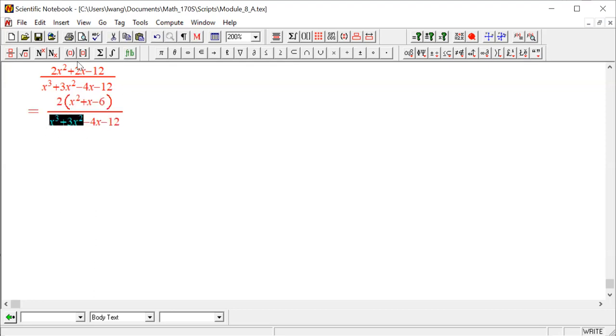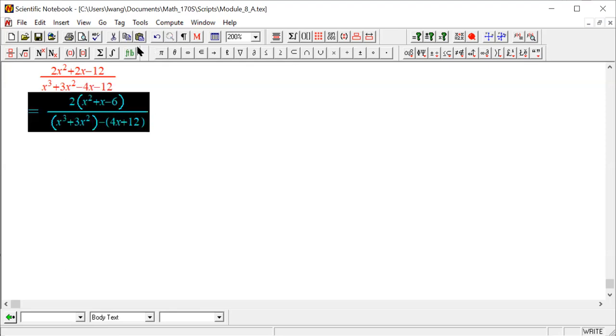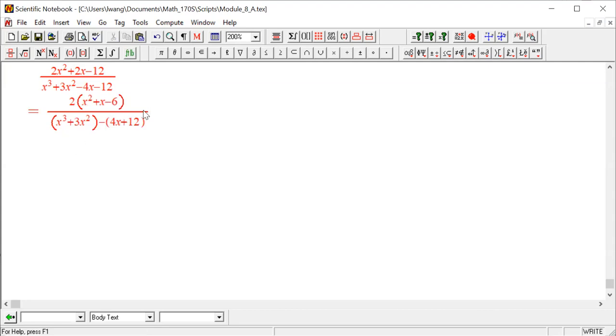I'm going to group these two together, and in the other two I'm going to factor out the negative sign, so this will turn positive. Be careful, because in these two terms we factored out the negative sign. Next, we factor the terms separately. The top will become x plus 3 times x minus 2. That's a trinomial factoring.